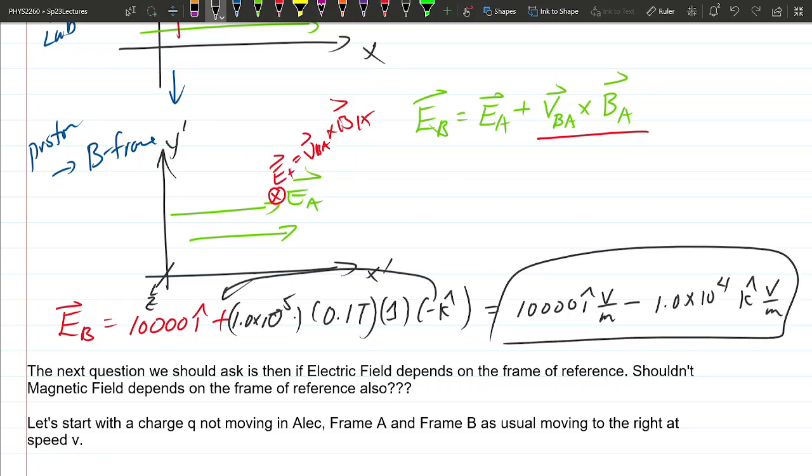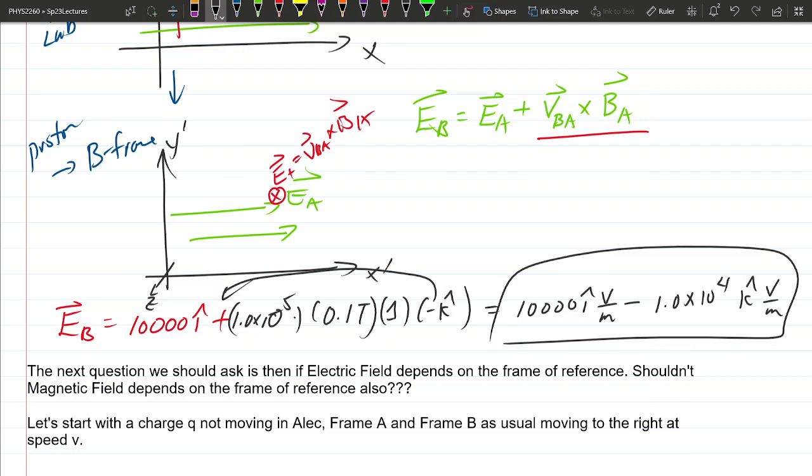What is the electric field in the proton's point of view? Interestingly, 1 times 10 to the 4 is actually 10,000. When you do this transformation, the original magnetic field magnitude can be almost the same as the electric field that's created just by changing from one reference frame to another.